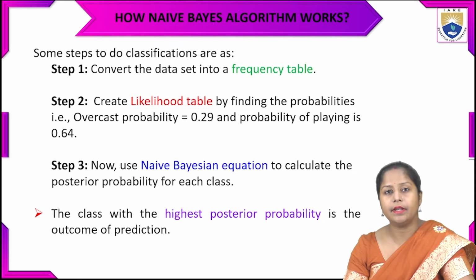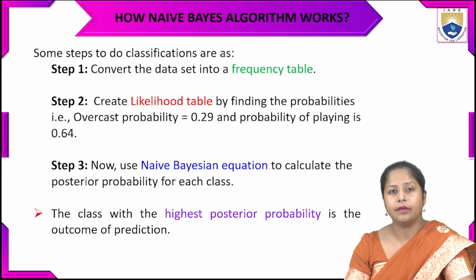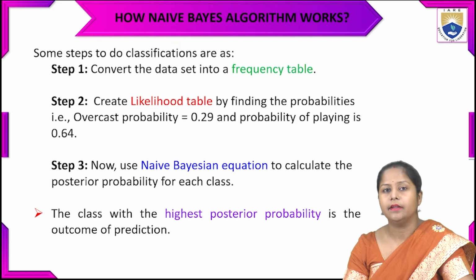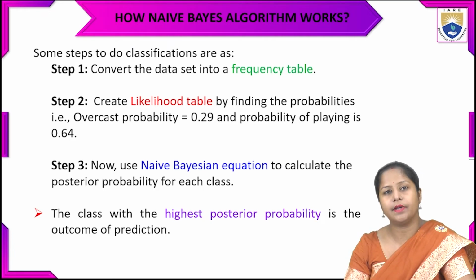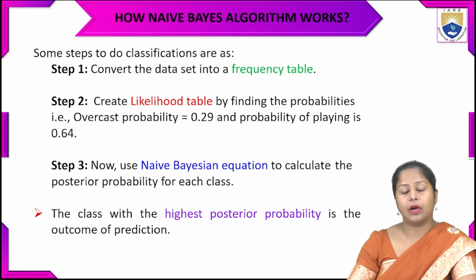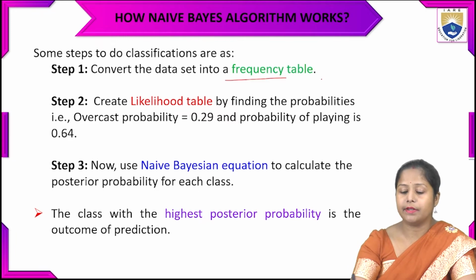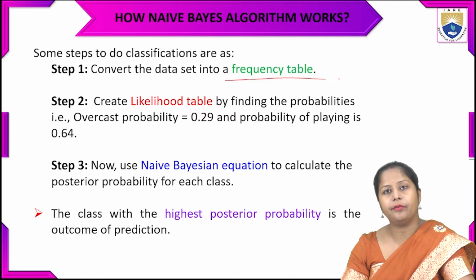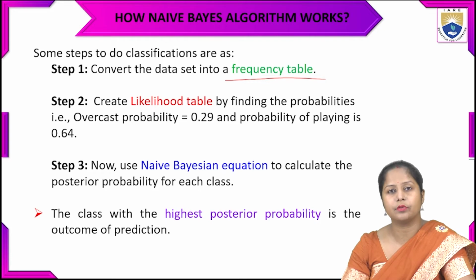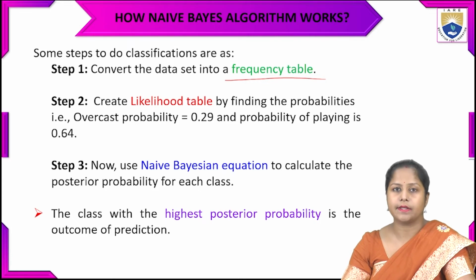The data set was given in the form of weather type and the class levels were play, if the player is going to play, yes and no. Those were the two classes, binary classes were there. So that same data set we have to convert into the frequency table. So that will be the first step while we are going to do the naive Bayes classification.